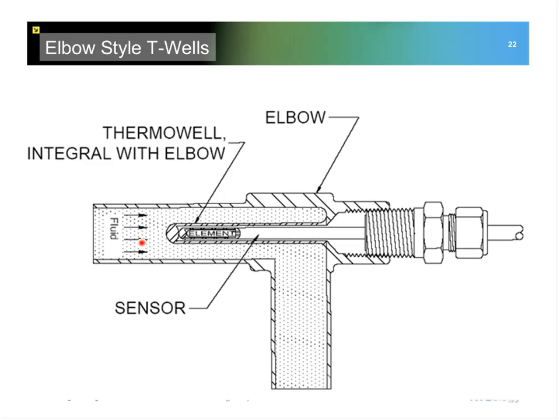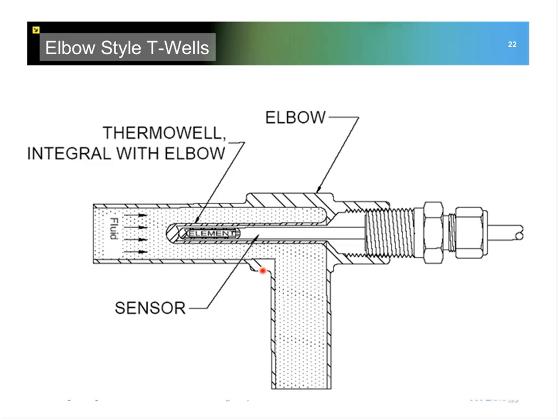This works really well for small diameter lines from 1/2 inch on up to even 4-inch. For a 4-inch, we might suggest something a little different, but we have done installations where that was the desired style of thermowell and probe combination.